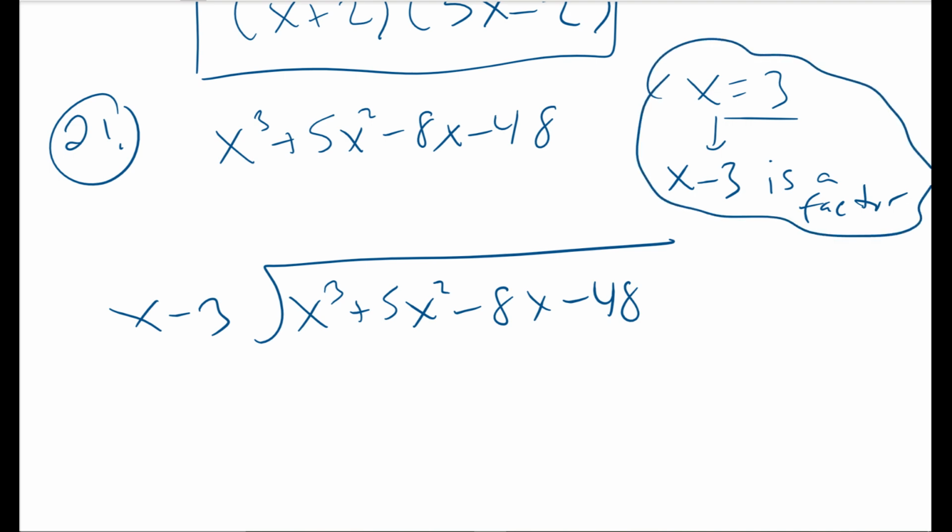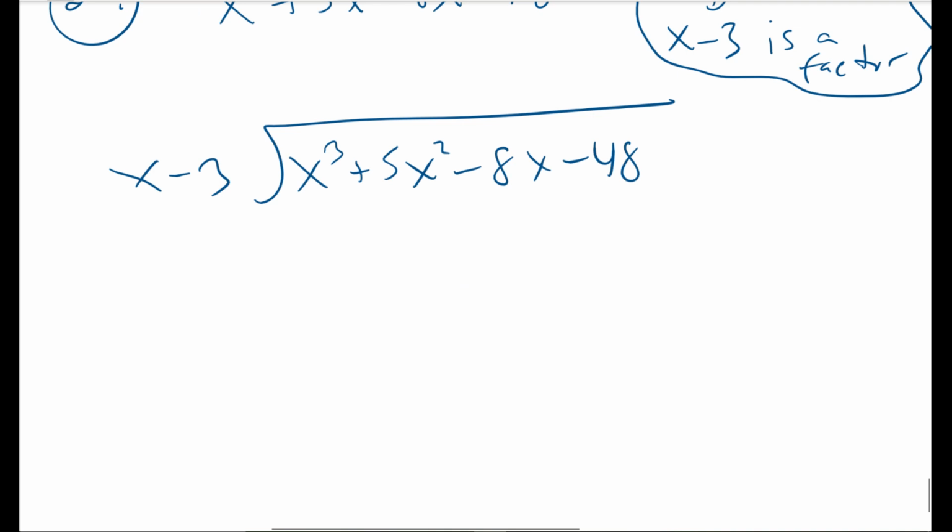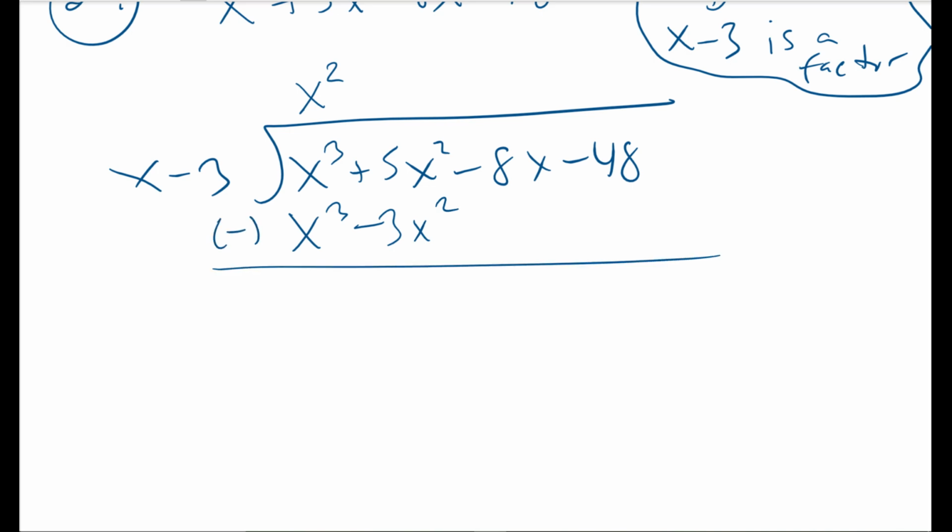All right, so now let's do the long division. So again, we want an x cubed here. The only way to get an x cubed from x is if I times it by x squared. X squared times x is x cubed. X squared times -3 is -3x squared. So now I subtract, cancel these out. Two negatives here make it positive, so that's positive 3. 5 plus 3 is 8x squared. Bring down the -8x.